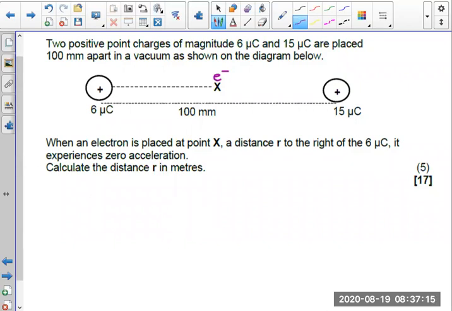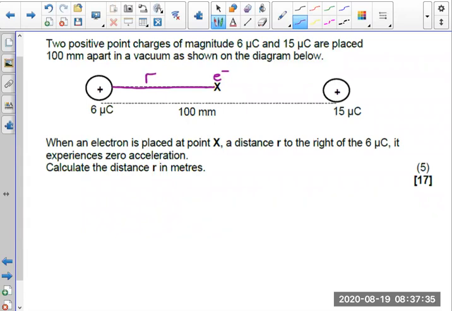So it means that the electron is going to hang there. And now they want us to calculate the distance r. So actually, if we have to calculate something, it means that we have to calculate this distance that X is apart from the 6 microcoulomb charge. Okay.